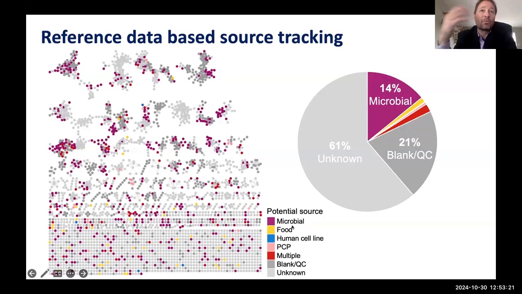But that's because the reference data that we have only contains food that we consume on Earth, and it's only about 3,600 different foods, and there's literally hundreds of thousands of different foods. And so ideally what we would have is reference data from the food that astronauts consume. And my suspicion is that a larger percentage of these molecules will be assigned to be of food origin.